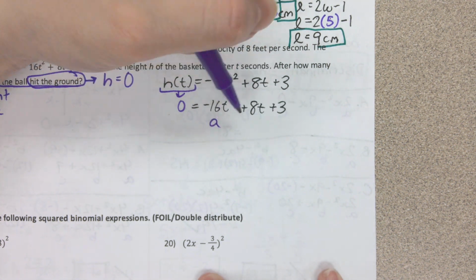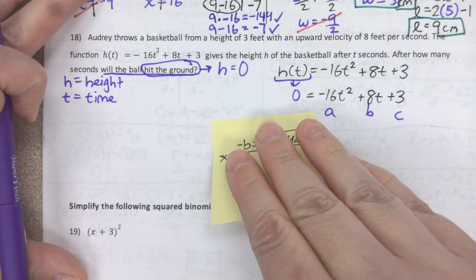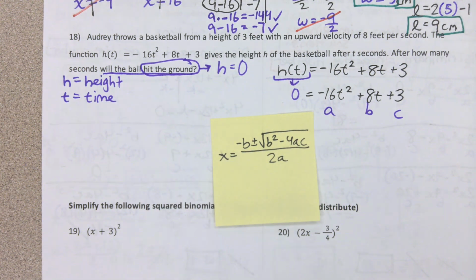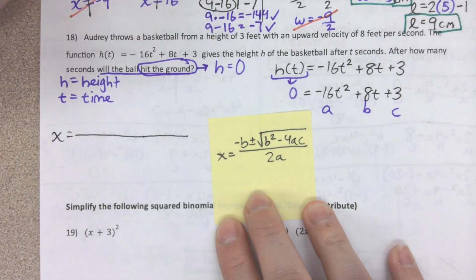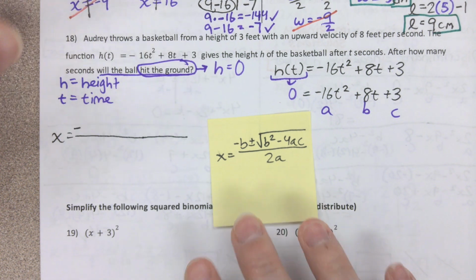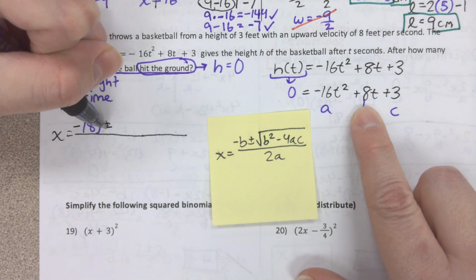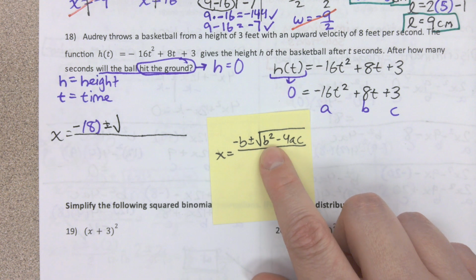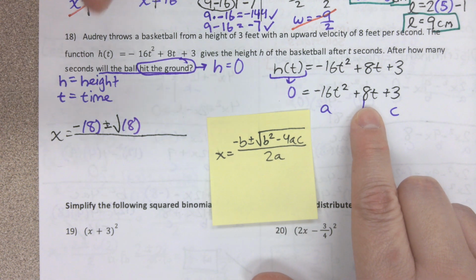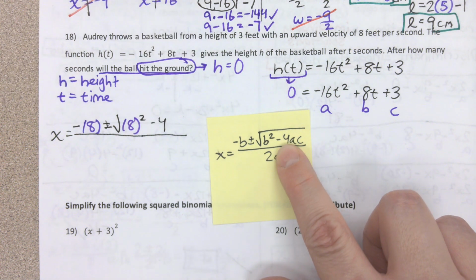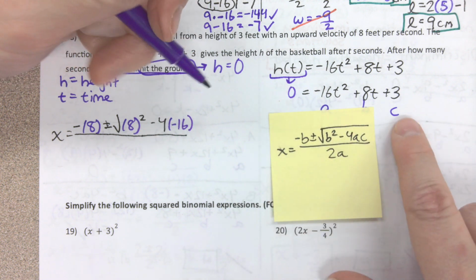So, A, B, C. Got the quadratic formula right here. We have x equals negative, b is positive 8, plus or minus the square root of b, which is 8, squared minus 4 times a, which is negative 16, times c, which is 3.